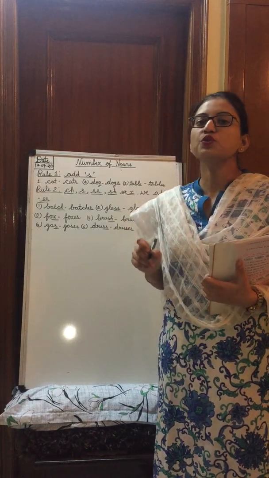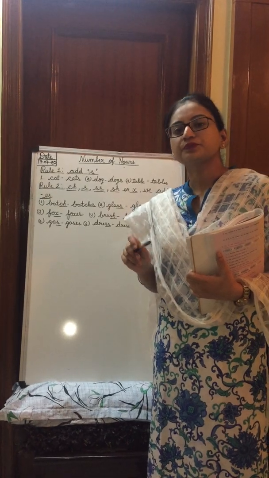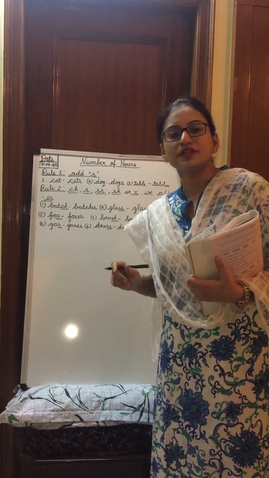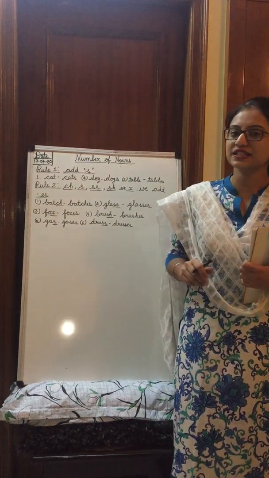But before moving to rule number 3 and 4, I would like to tell you about consonants and vowels. You must have learned about consonants and vowels in your previous classes.